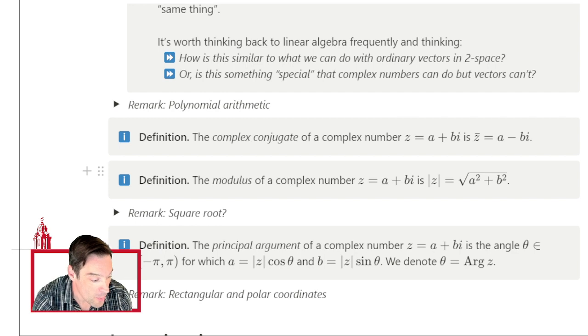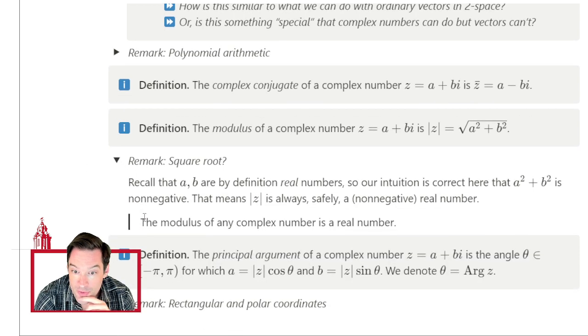Now, we should be very careful whenever we talk about square roots. It should give us some pause and maybe a little bit of heartburn. But in this case, because a and b are real numbers, they're the real and imaginary parts of z, and therefore they are themselves real. If I square a and I square b, I'm guaranteed to get something non-negative, because a and b are real numbers.